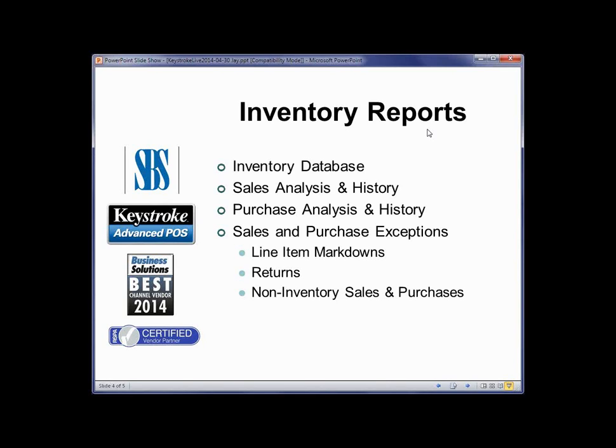But then we have the exceptions reports that also include returns to or from customers or to vendors, returns in sales or purchasing, and non-inventory sales or purchases, transactions that were made of items that you don't actually stock, yet you may have ordered for a specific purpose or for a specific reason. I'd like to just jump right over into Keystroke now.